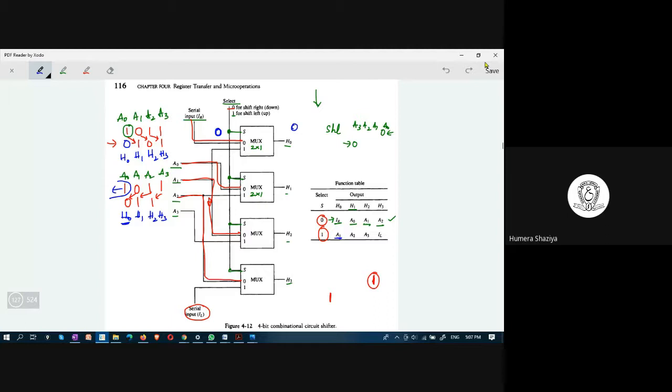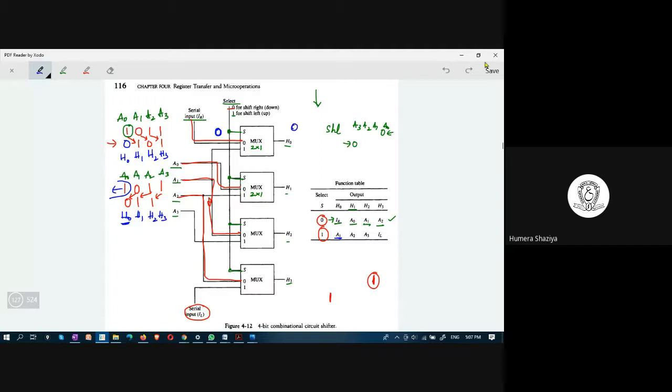This is H0 is equal to A1. Okay, right, we got it. This is A1, this is H0. Then H1 is equal to A2. This is H1, this is A2. H3 is equal to serial input.